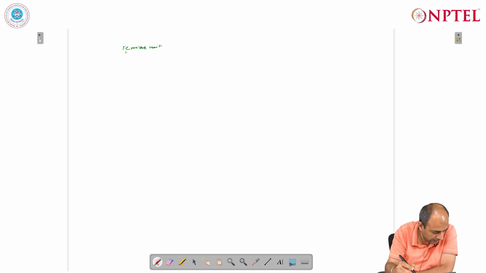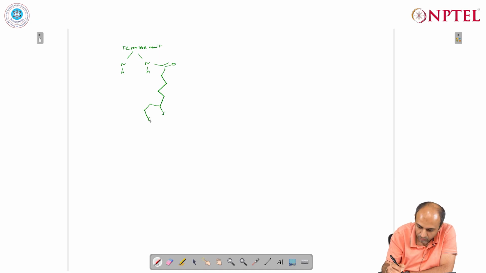We have now got a ferrocene unit and we now connect it with NH, and here we connect with CO. So, this is connected to the surface here, and the ferrocene unit contains iron.